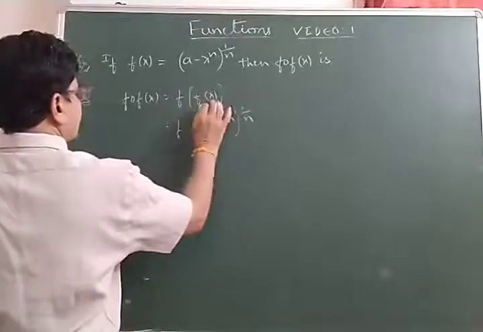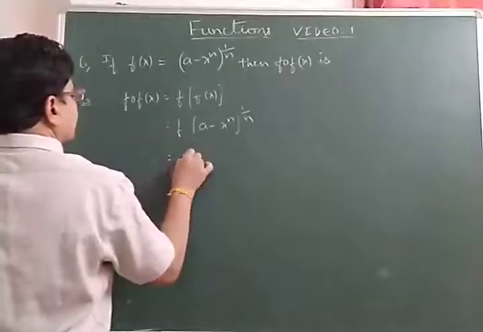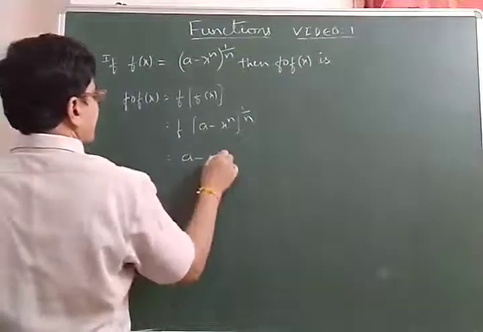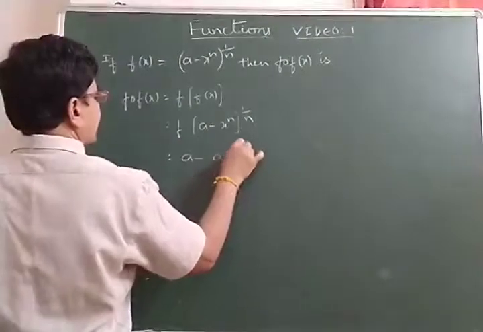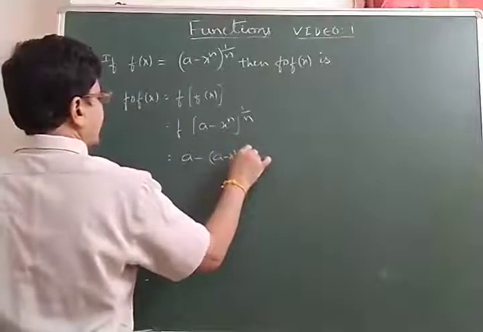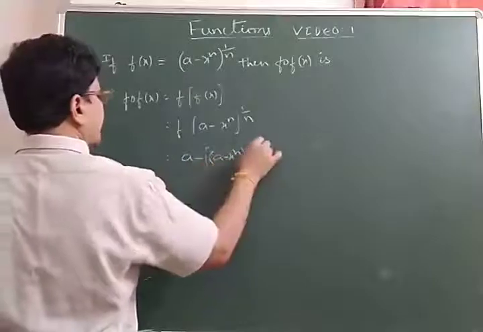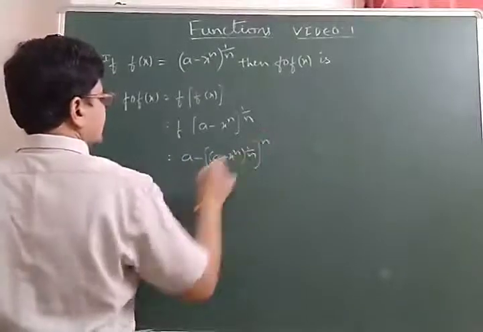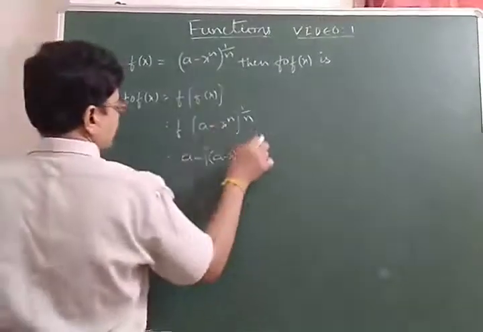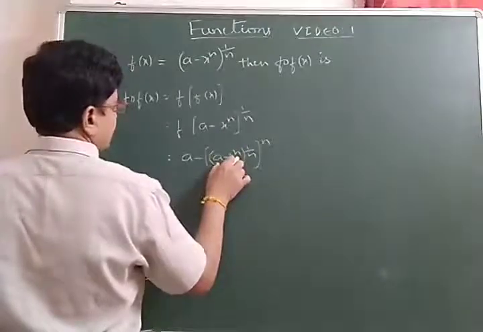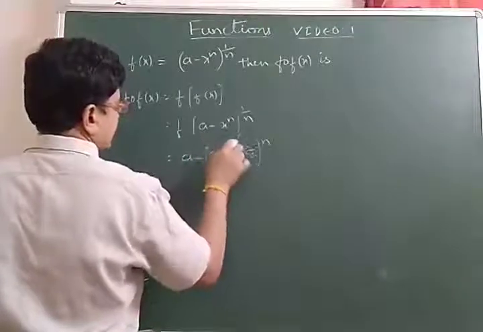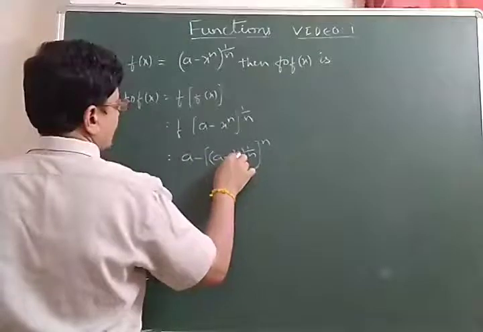Now that can be written as a minus, x power n whole power 1 by n, whole to the power n, whole power 1 by n.